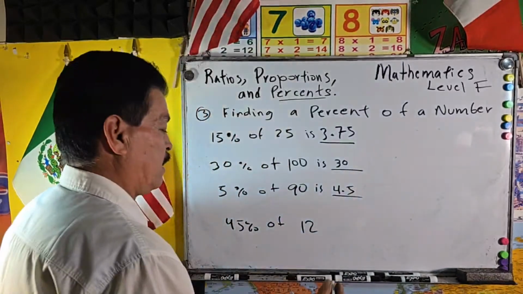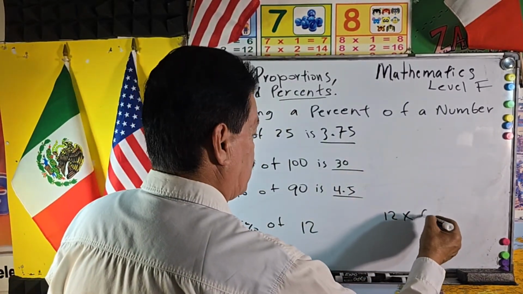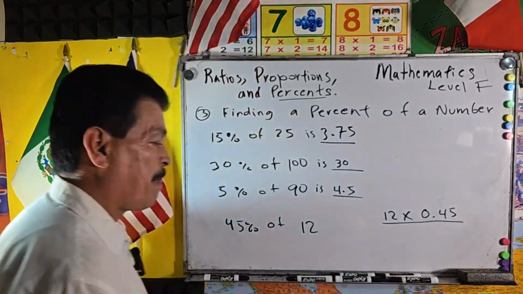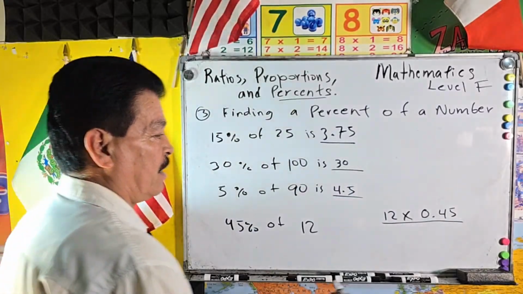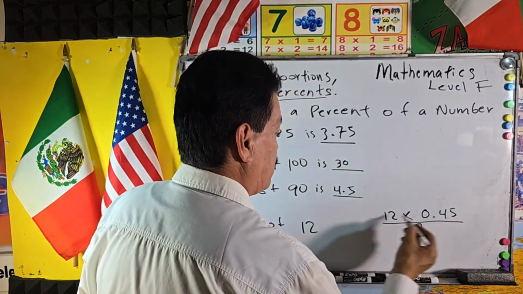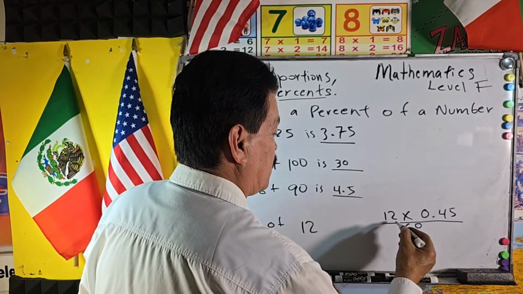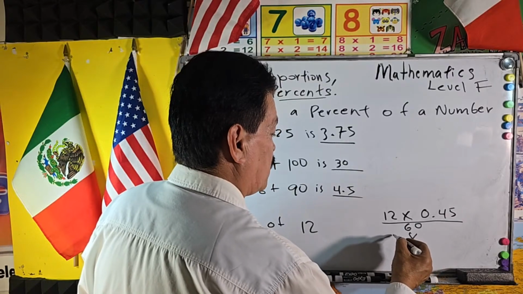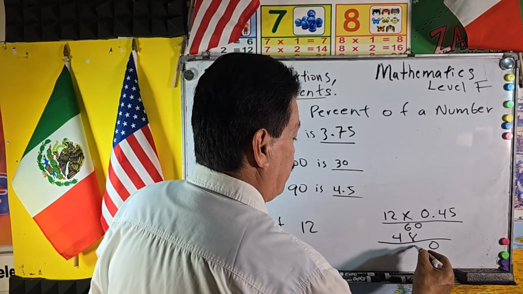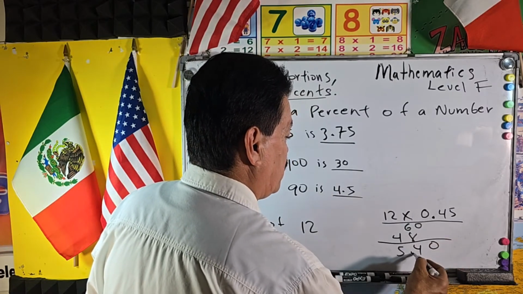Next one. This one is 12 times 0.45. See? The last one. 5 times 2 is 10. 5 times 1 is 5, plus 1 is 6. 4 times 2 is 8. 4 times 1 is 4. That's it. So use two decimals.